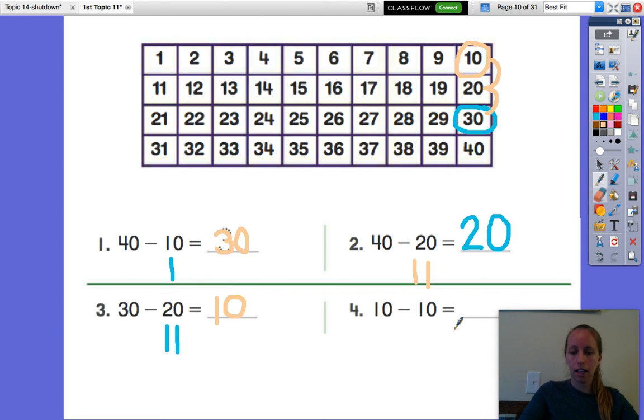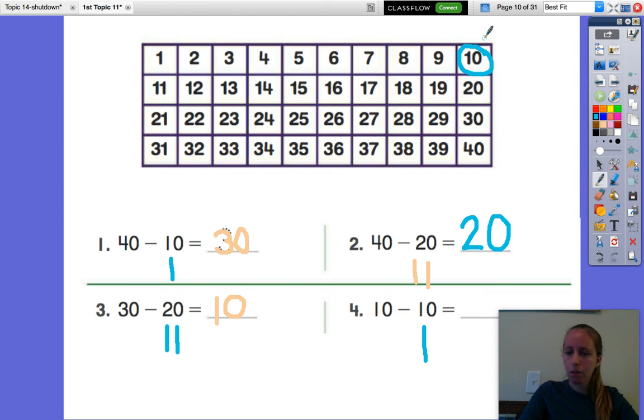Let's solve this last problem together. 10 minus 10. This one is a little bit different. So I'm going to start on 10. I found 10. Okay, and if I have 10 and I take away 10, oh no, I have nowhere to jump.